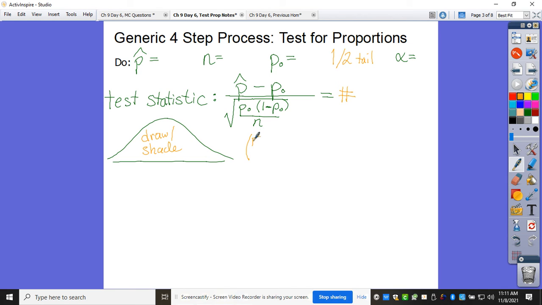I don't know that you need to write this. And if I didn't write it on the last one, I might not. But if you want to, you can. Most of you don't need to write that. So I use the direction of my Ha to find out which way to shade and find the area.